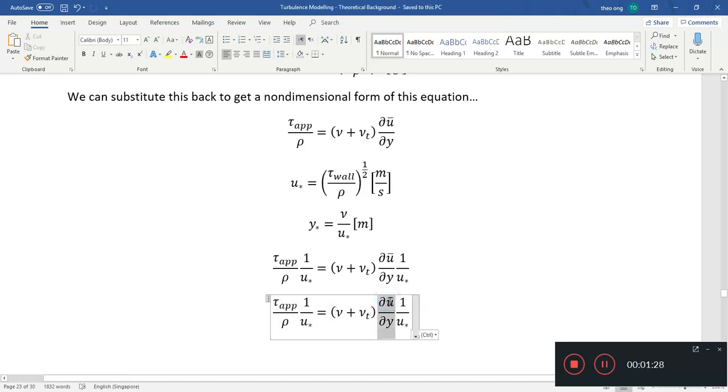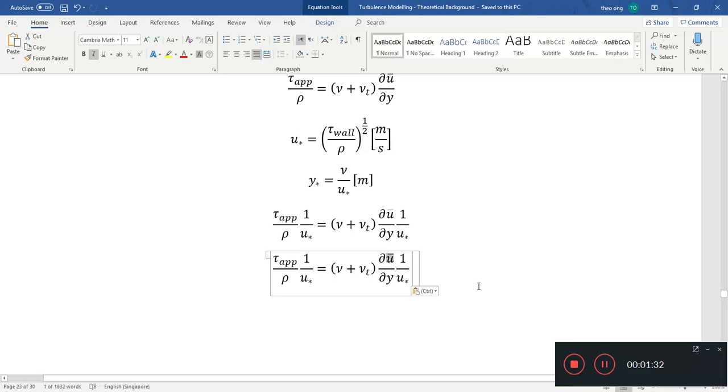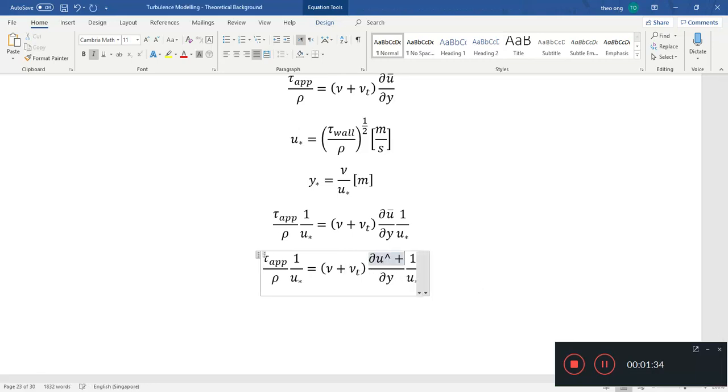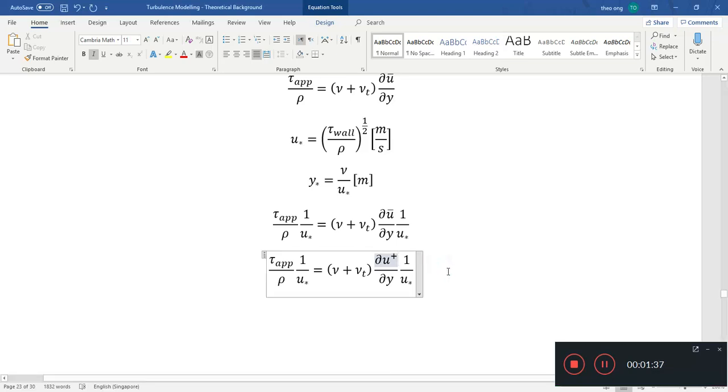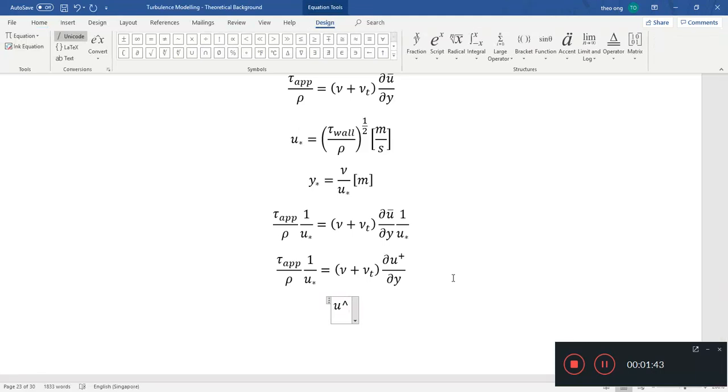Okay. I'm not going to do the differentiation steps. Hopefully you know what I'm talking about. Okay, never mind. I'll do it anyway. So U plus is equal to U bar divided by U star.